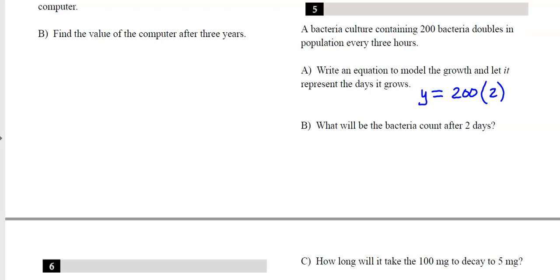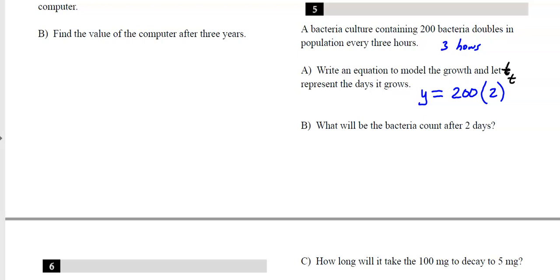So I got to think about this a little bit. If it's every 3 hours, and I got a little typo here. This little typo should be like let t. It's supposed to be an italics t. Let t represent the days that it grows. So I'm going to put this up here to the t, but if t is my number of days, that equation is only going to grow once per day.